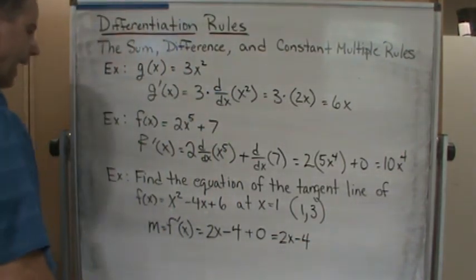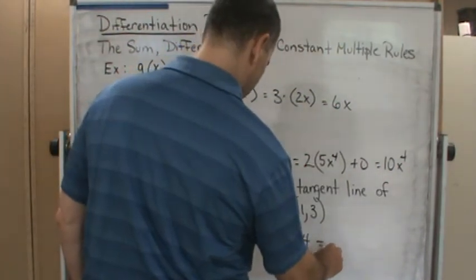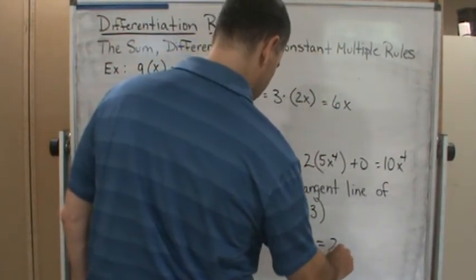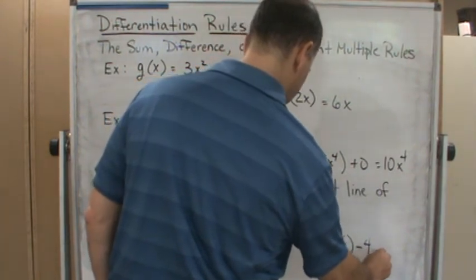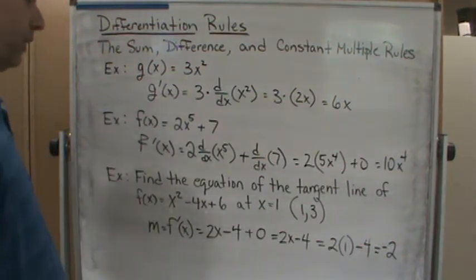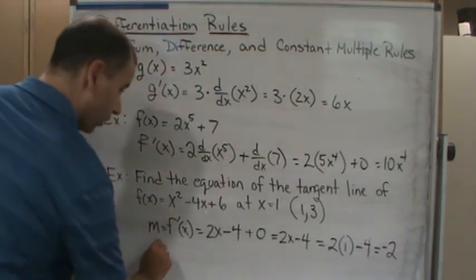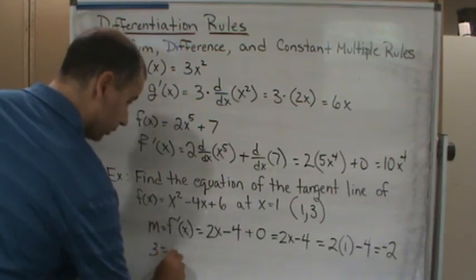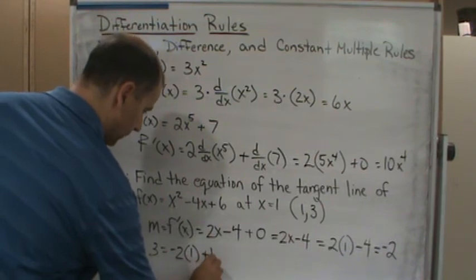And so now at x equals 1, what is the slope? Well, the slope is going to be 2 times 1 minus 4, or negative 2. So the slope is negative 2, and now we can get the equation of the line. So it's going to be 3 equals negative 2 times 1 plus b.